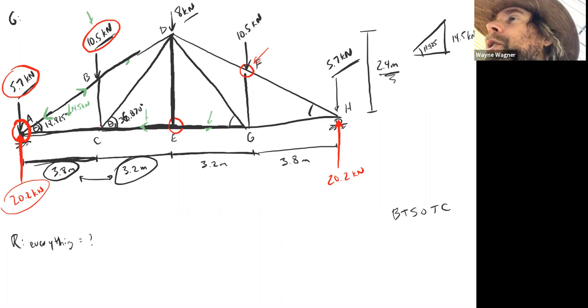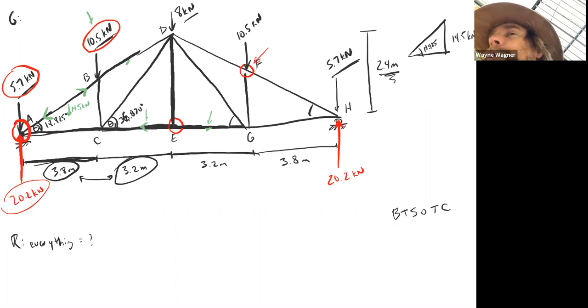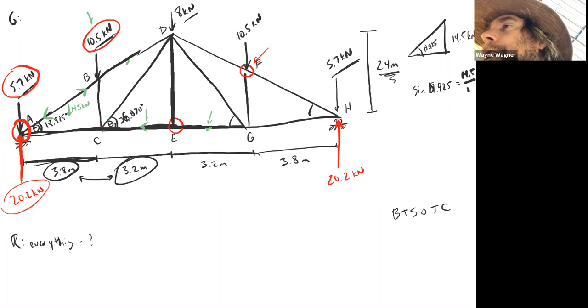And so what we'll do is get the hypotenuse. We care about the hypotenuse really because that's what the problem asks for. But the most useful thing is the other side, because that one's going to help us walk through the rest of the truss. But we're going to get both. So to get the hypotenuse, let's do a sine. The sine of 18.925 equals the opposite, 14.5, over the hypotenuse.